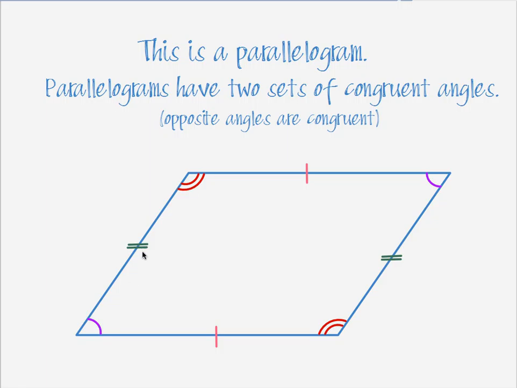Now, if I take a look at the purple and the red angle, those are what we call consecutive angles because they're kind of side by side, not quite adjacent, but they're not across from each other either. To talk about opposite angles, I have to go all the way in a diagonal motion across the shape. So opposite angles are also congruent.